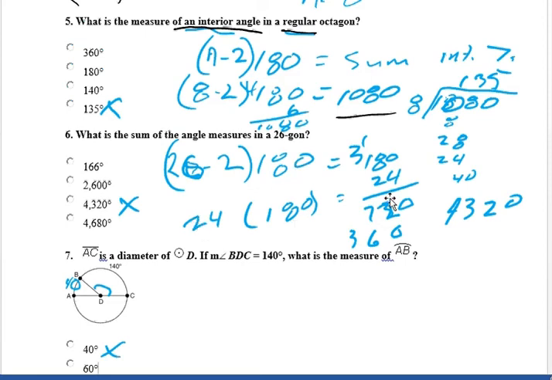So somehow I get 4,320. That's when I do 24 times 180.